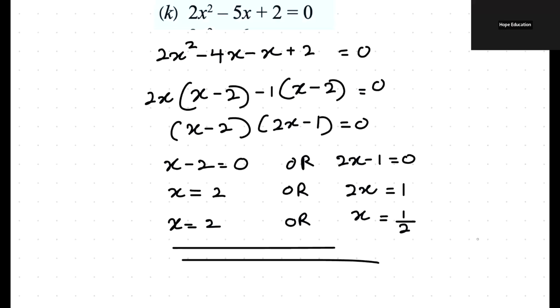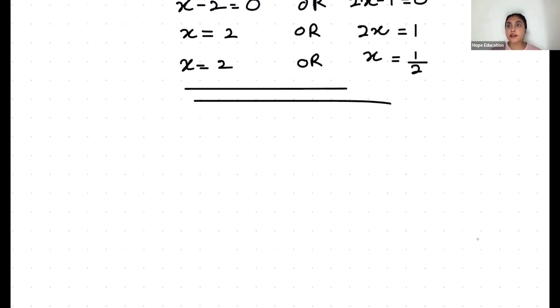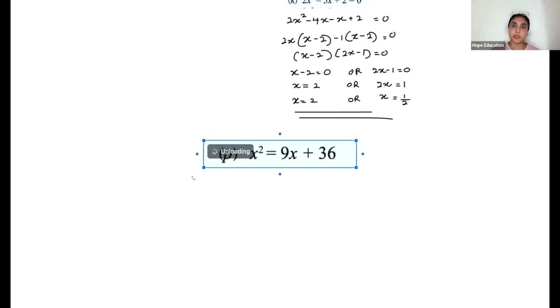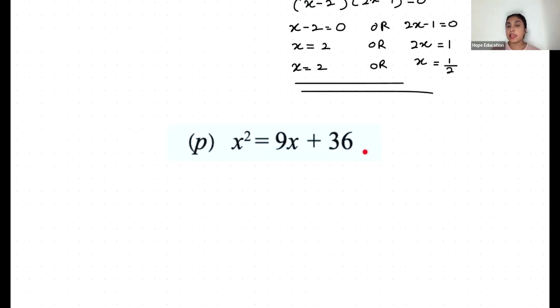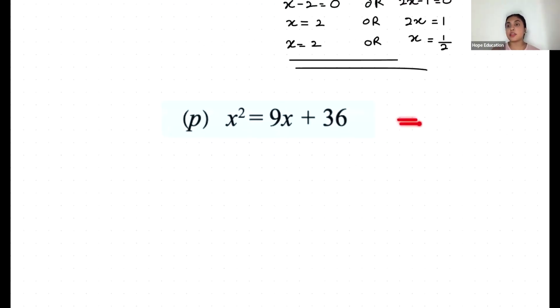So if you take a question like this, we will not be doing this during the class, but just to explain, this is not a quadratic equation. Why is this not a quadratic equation? I told you always in a quadratic equation, the right side must be 0. Here what you have to do is arrange this in such a way.